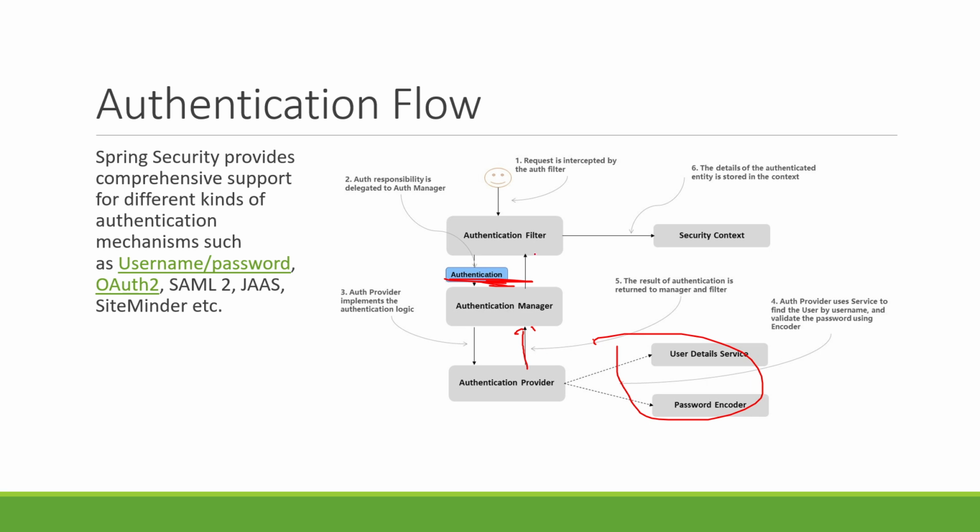And it goes back through the authentication filter. Eventually, in the security context, it's going to hold this authentication, which represents the currently logged in user. That's how it works, okay. The flow, we may need to come back to later.